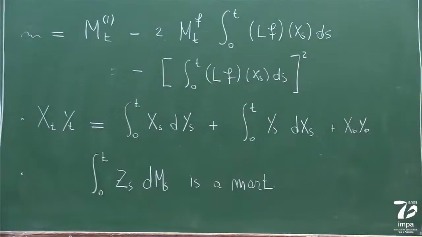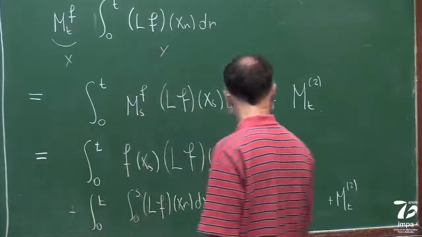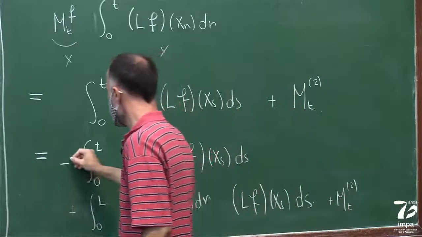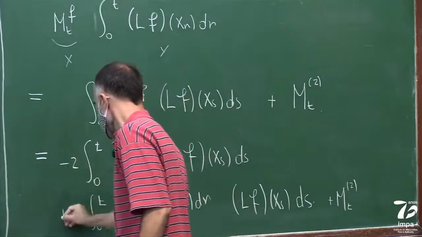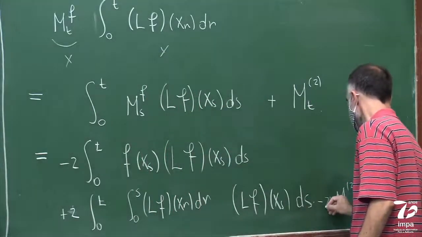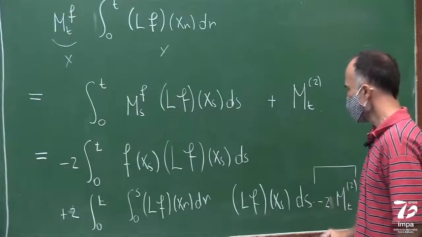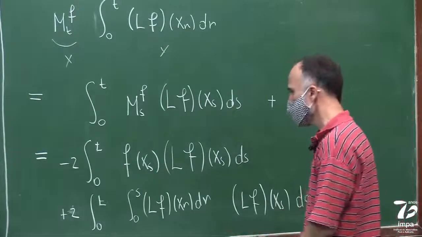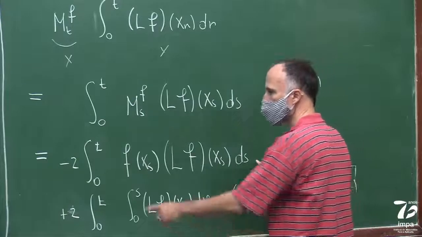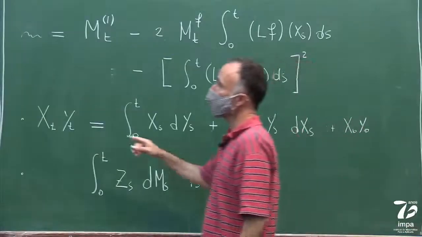So this gives me a minus 2 here, plus 2 here, and a minus 2 here. So this is still a martingale. That's fine. Then you see here what appeared is the minus 2 f Lf, which is this term.